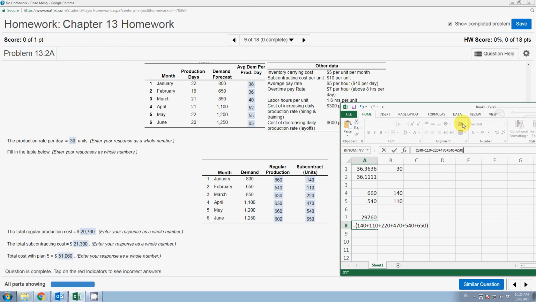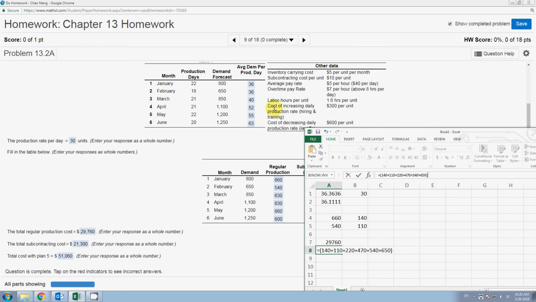For each unit, we have to pay $10, so times 10, and we get this number. The total cost will be the summation of those two numbers.